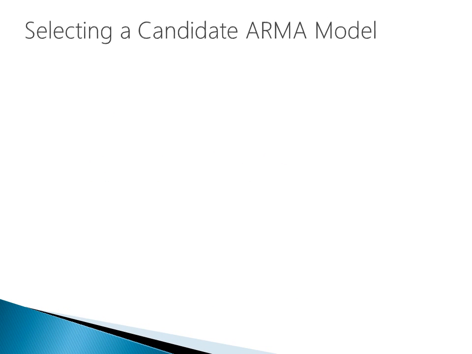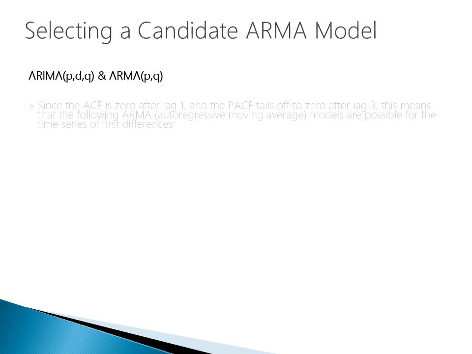Now that we spent some time evaluating the correlogram and the partial correlogram, we need to select a candidate ARIMA or ARMA model. An ARIMA model is a p,d,q model. ARMA is similar, except it's just a p,q model. So what insights did we gain from looking at the correlogram and partial correlogram?